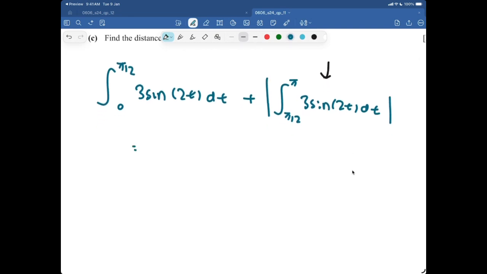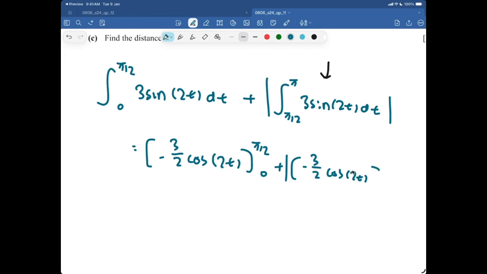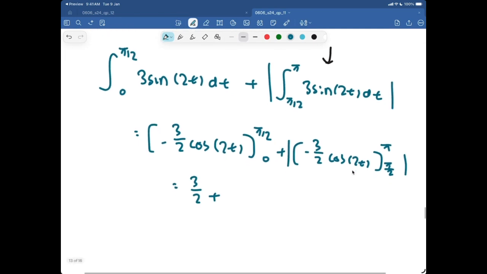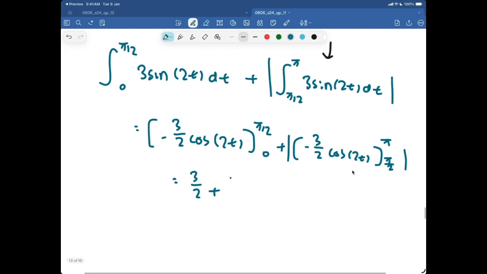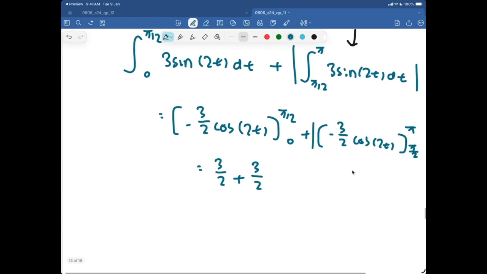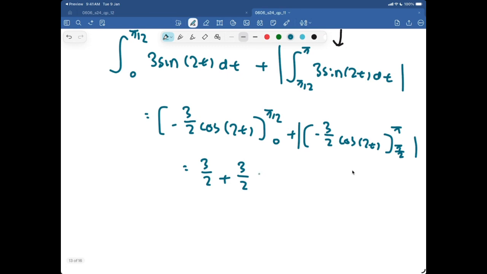So this will give you, just plug in the values, equals 3 over 2 plus 3 over 2, which is going to equal 3 meters. That's good.